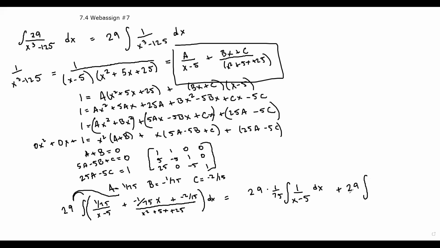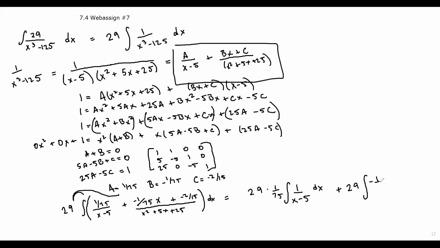If we pull out a negative 1 over 75, that would fix these really ugly fractions that we have right now. So I'm going to go ahead and pull that out just inside this integral for now.